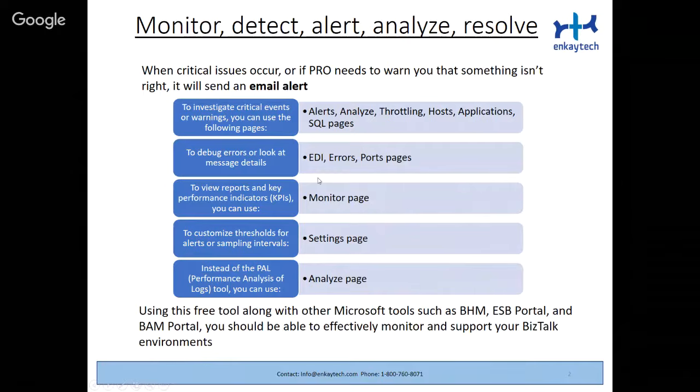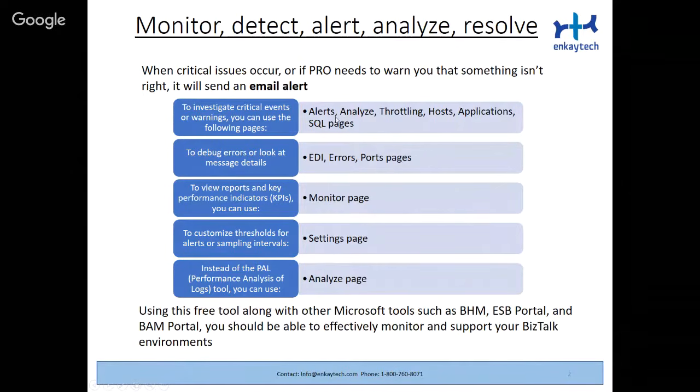So when you receive the email alert and you want to see what to do about that alert, on the right-hand side here, we're showing you the different pages that are available in the Enkay PRO tool. And I will be demoing some of these pages in the next few minutes.